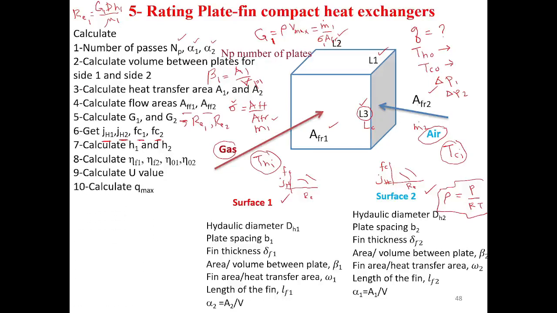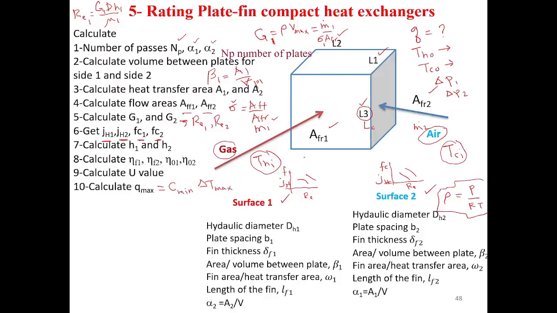You can calculate Q max, since the inlet temperatures are known, the mass flow rates are known, and Cp cold fluid and Cp hot fluid are known. Q max, as we defined before, is equal to C minimum multiplied by delta T maximum. So let me write it down here. This equals C min multiplied by delta T max. To find C min, we have to find capital C for side 1 and capital C for side 2.